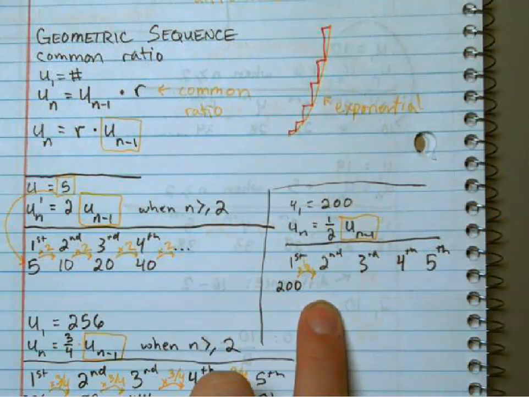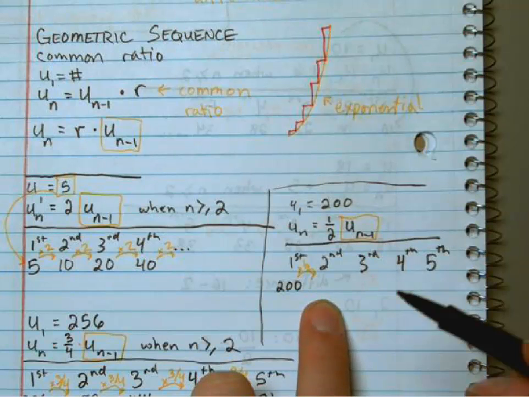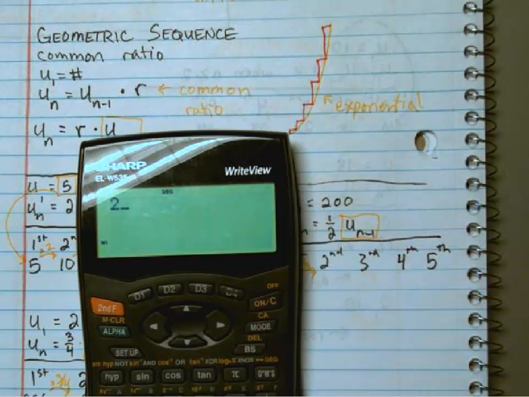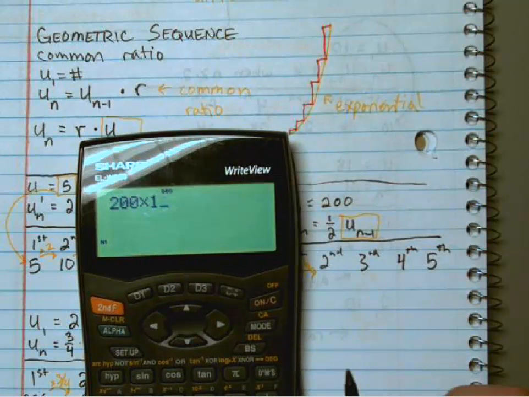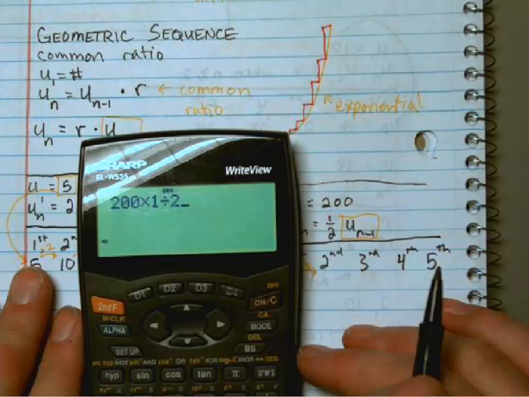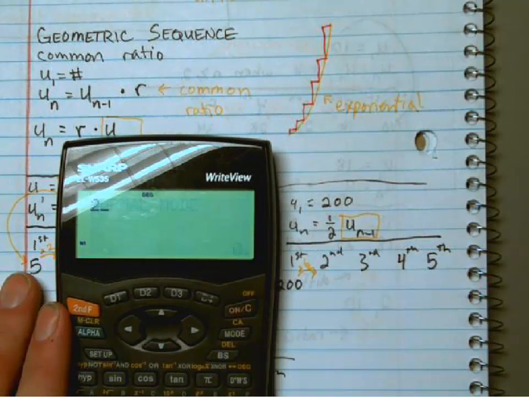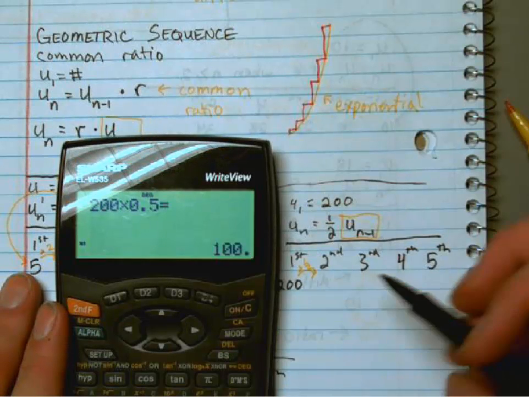So you can do this a couple of ways. You can think in your head, what's 1/2 of 200? You can put in on your calculator 200 times 1 divided by 2. Or if you know that 1/2 is 0.5 as a decimal, you can go 200 times 0.5. Oh, that's 100.